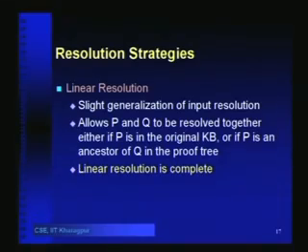So, at every point of time, of the two clauses that you will resolve, one of them has to be either from the original knowledge base, or it can be one which we have derived on this path of the proof tree. So, it is an ancestor in the proof tree. If we use that, that is fine, and we will be able to do this. As it turns out, linear resolution is complete.